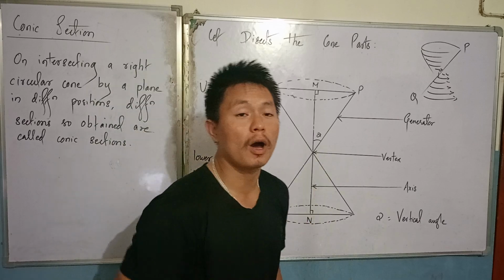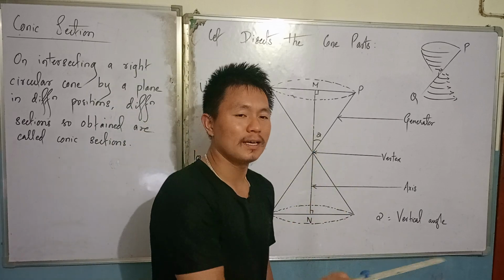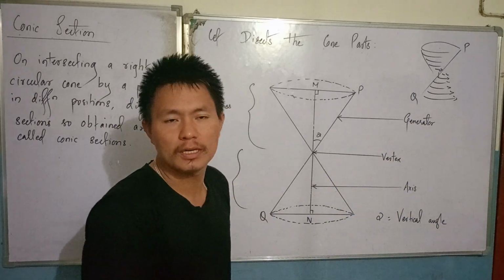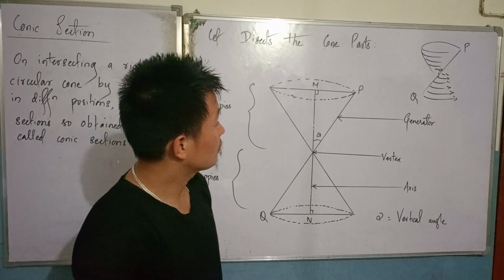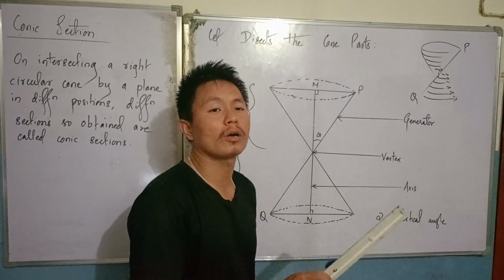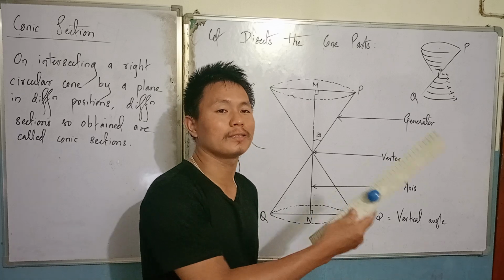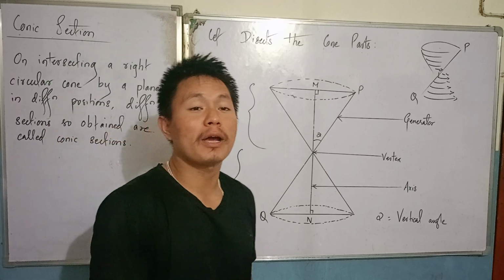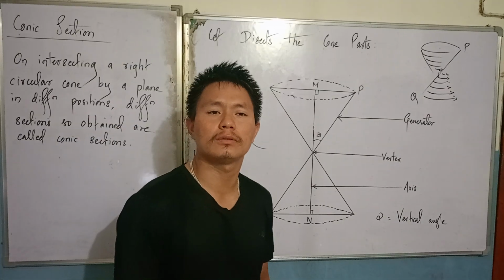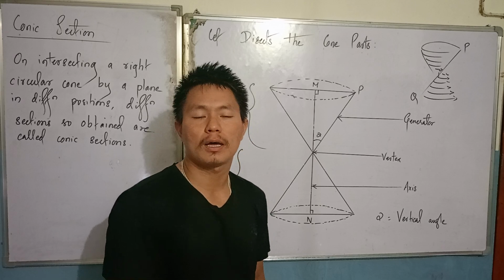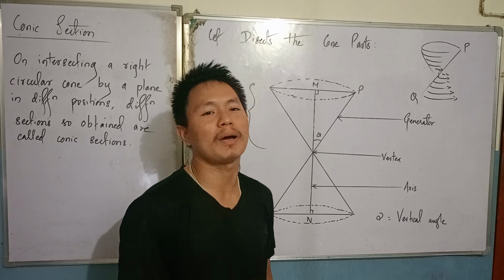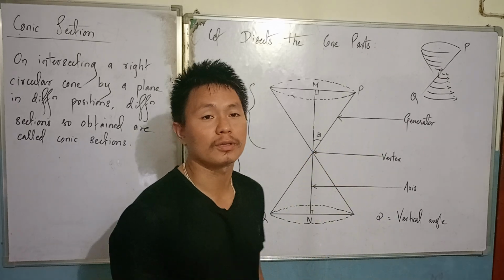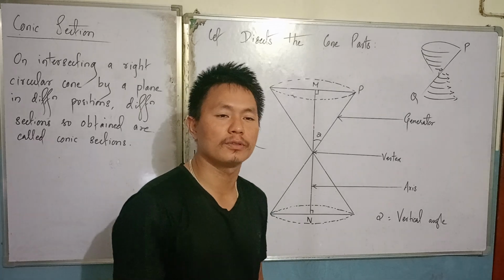Those sections we obtain when we cut this cone with a cutting plane through different angles, those parts we get from the cone, we call the conic sections. And it might be circle, ellipse, parabola, hyperbola. It might be any, but it depends on how the cutting plane cuts this cone. Okay, so we are going to discuss that further.